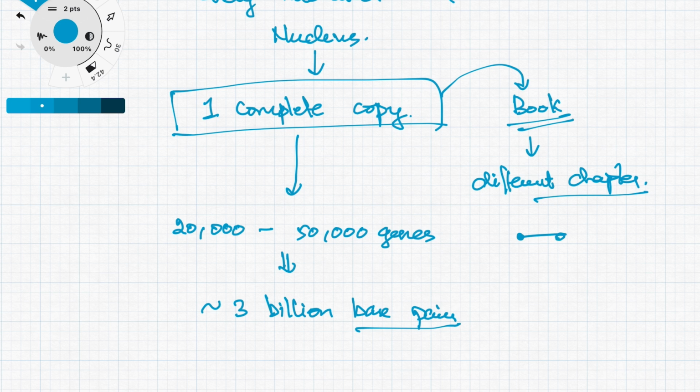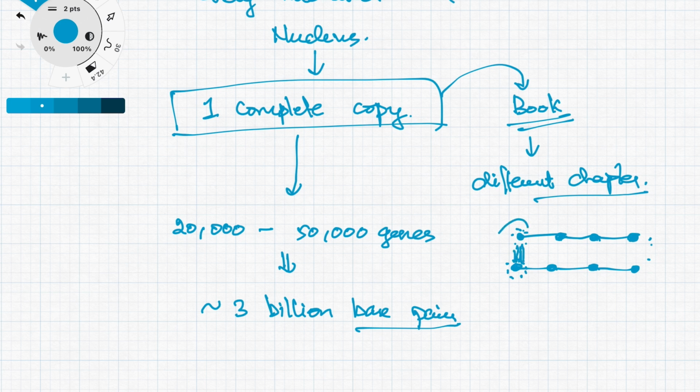So I told you DNA, the genetic material, is actually a large polymer of deoxyribonucleic acids, and it is present as double strands, right? So each of these deoxyribonucleic acids interacts with the corresponding deoxyribonucleic acid in the opposite strand through certain hydrogen bonds.